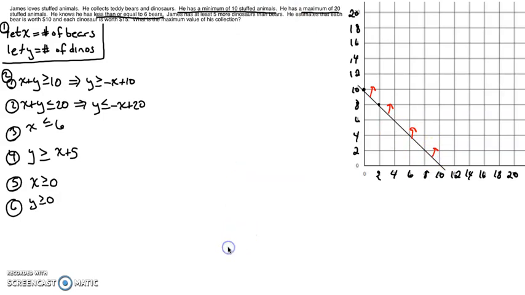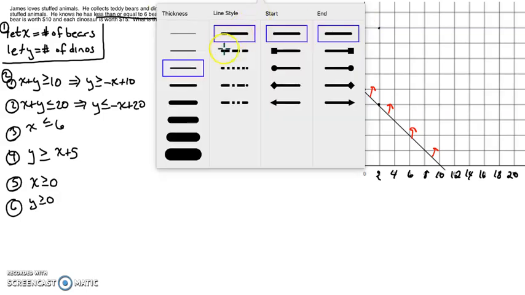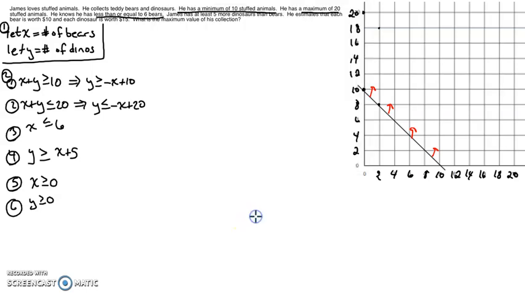So there's our first line. Here's our second line. Y is less than or equal to negative x plus 20. So our starting point is 20. And again, we're going down 1 and over 1 to our second point. Let's graph that line. There we go.